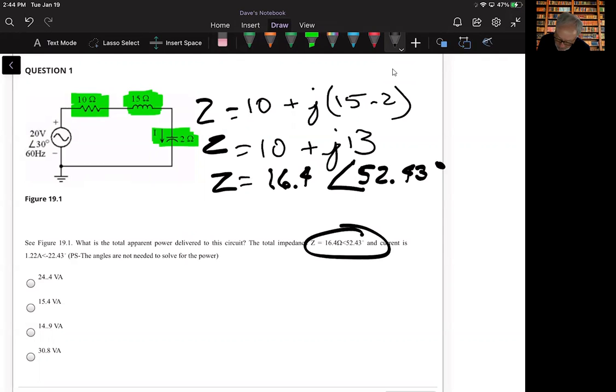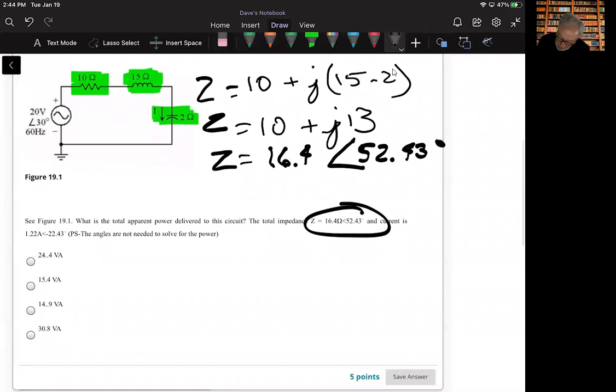I didn't require you to come up with that particular number. The reason that these problems are on this quiz is that the way we have approached this is through the power triangle, and not worried about angles and phase angles and so forth.